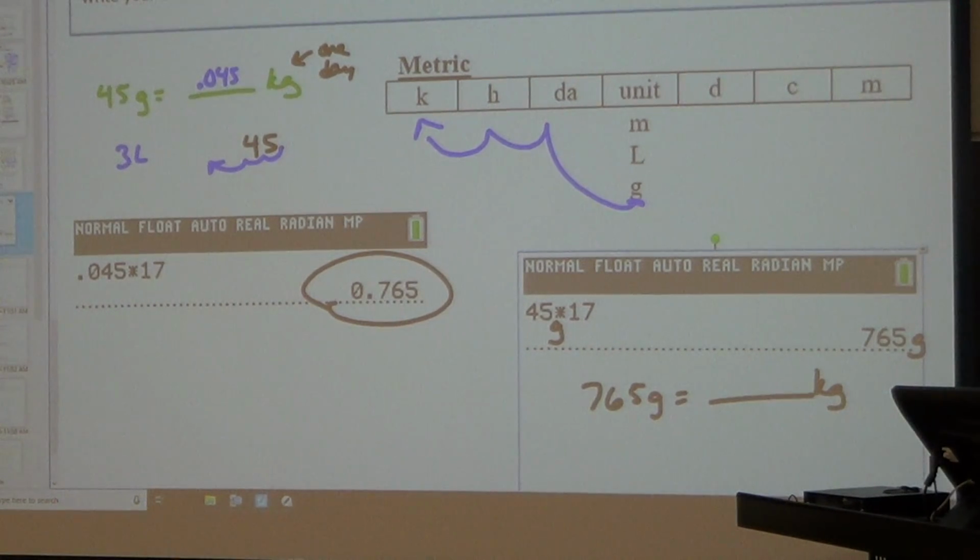How do I get from grams to kilograms? How many which way? Grams to kilograms. 3 to the left. So if it was here and I go 3 to the left, what is my answer going to be? Same as before. So you can either convert and multiply, or you can multiply and then convert. It does not matter.